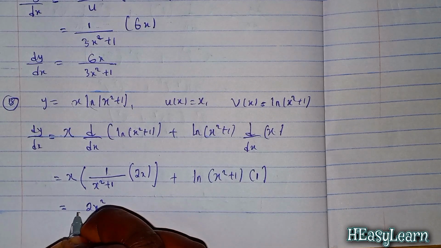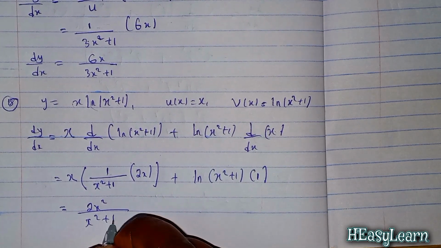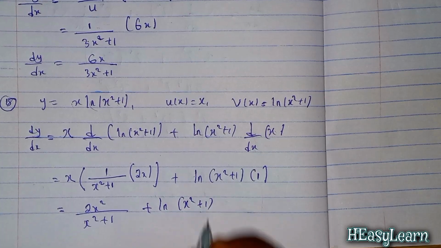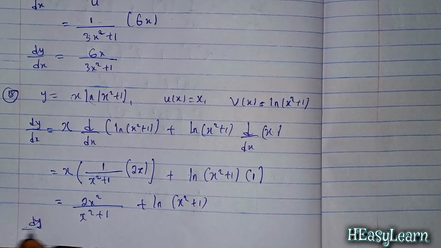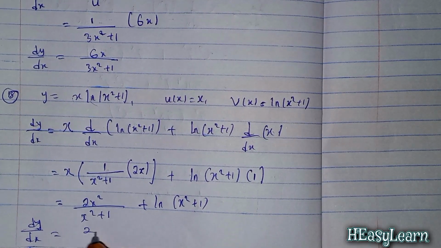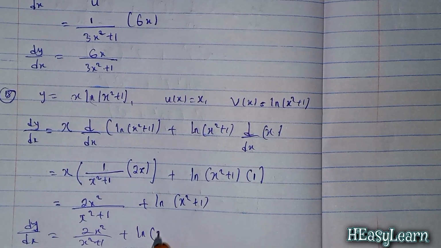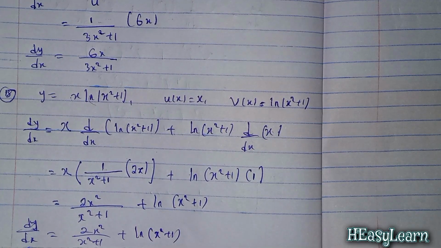So the derivative of the function is 2x squared over (x squared plus 1) plus ln (x squared plus 1).